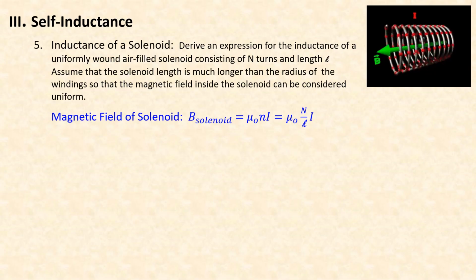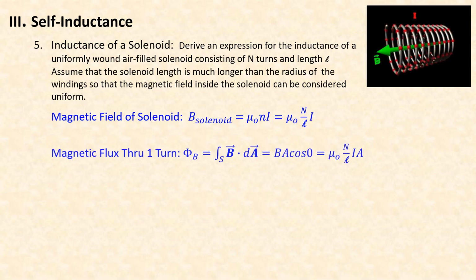So we start here by reviewing the magnetic field for a solenoid. It has this expression that we've derived previously, with little n the number of turns per unit length. In this problem we're told the total number of turns, big N, and the length L.